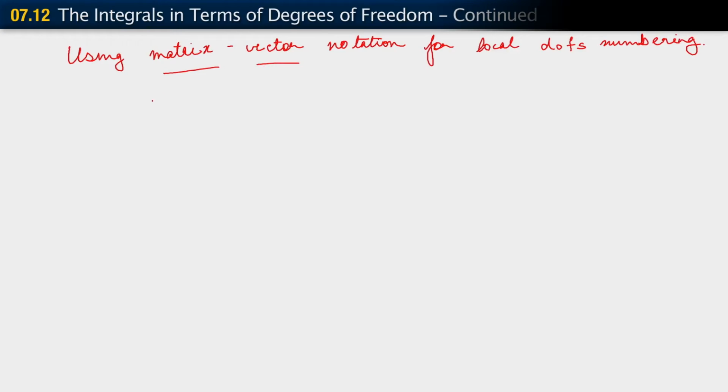And what this means is that for element E, if we have C1E, C2E, up to C number of nodes in the element E, right? These are the degrees of freedom, as you recall, that are used to interpolate the weighting function using our basis functions, right?